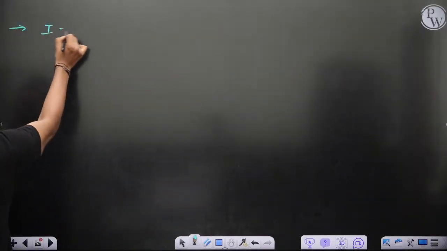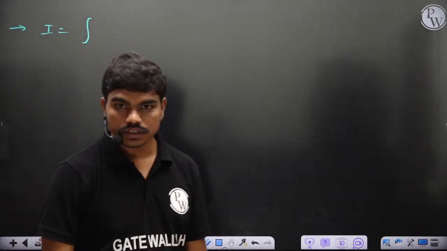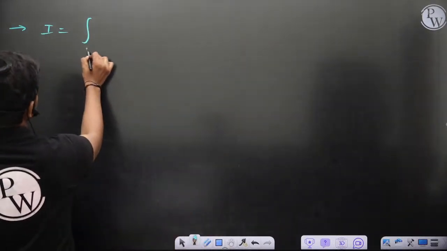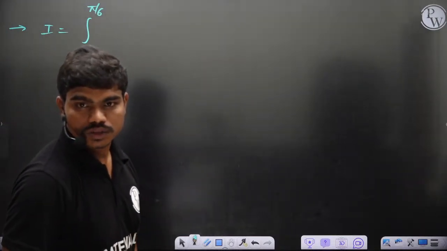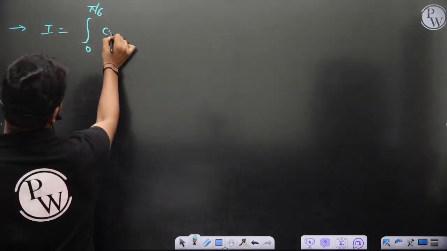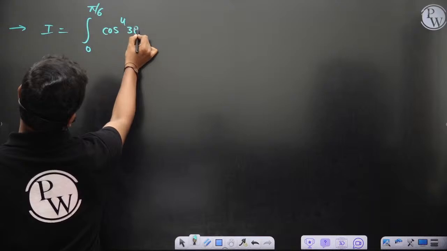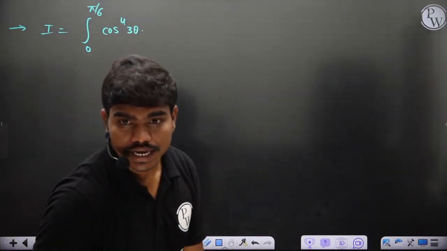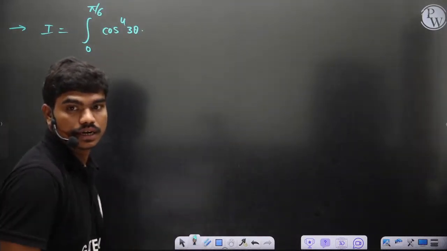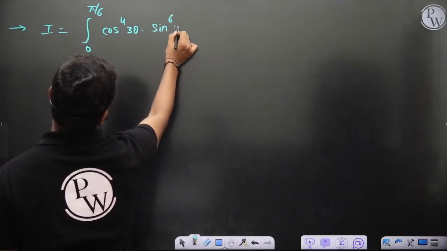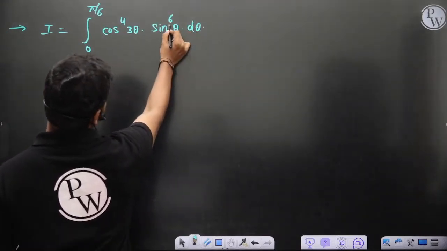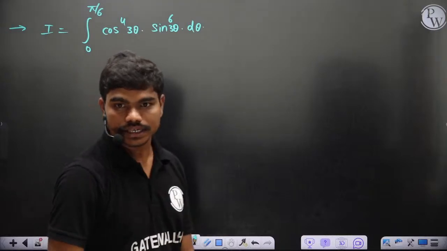I is equal to integral 0 to pi by 6, cos power 4 3 theta, and what about the next thing? Sin power 6 theta d theta. This is 3 theta again, sin power 6 3 theta d theta, right?